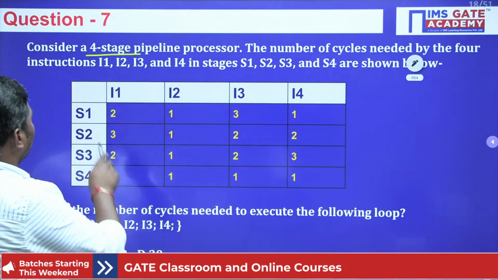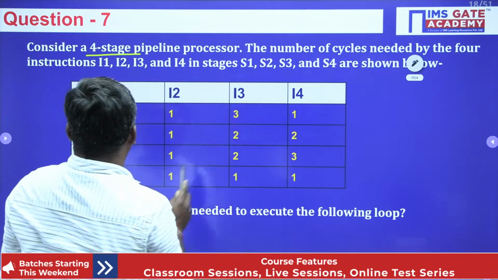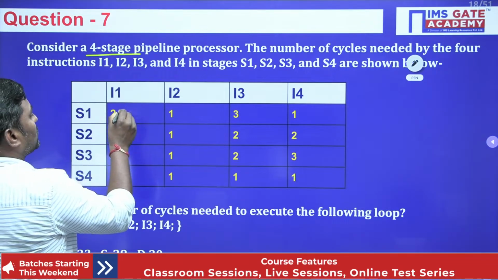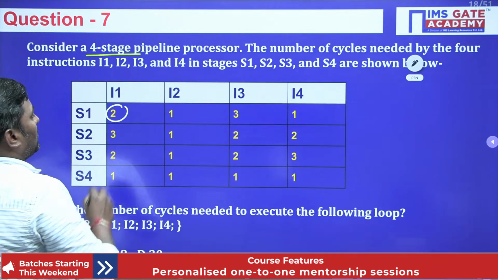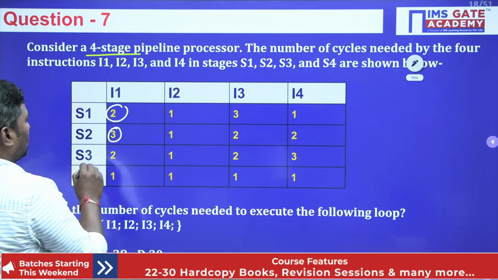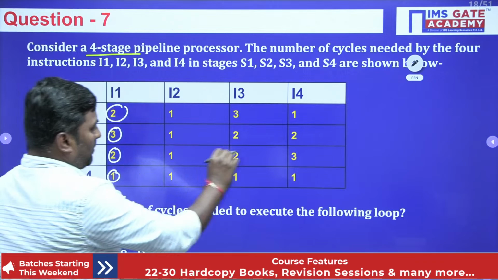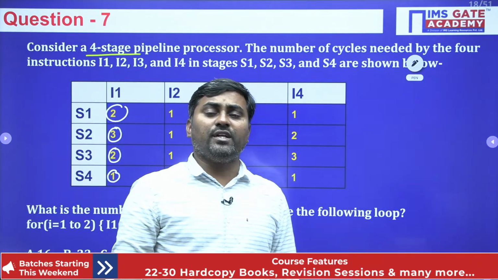See stage 1, stage 2, stage 3, stage 4, then I1, I2, I3. The I1 instruction requires 2 clocks in stage 1, 3 clocks in stage 2, 2 clocks in stage 3, and 1 clock in stage 4. Similarly the other instructions require various numbers of clocks in the various stages.